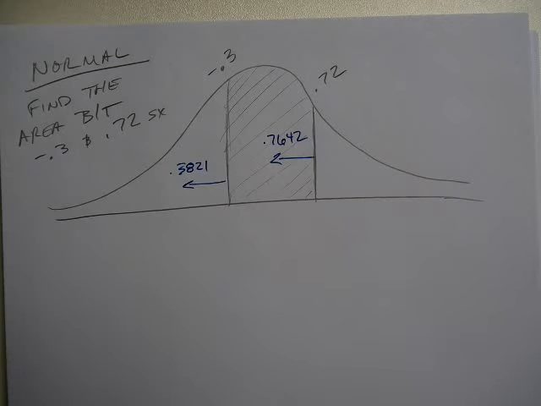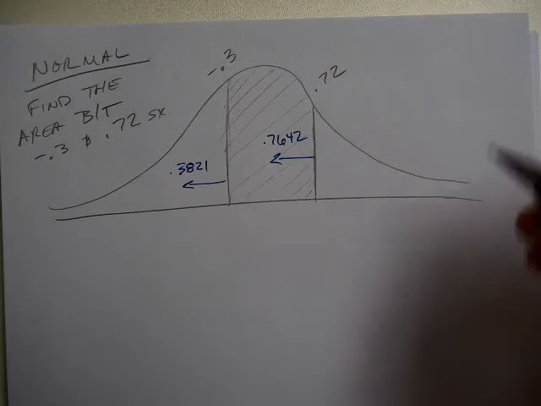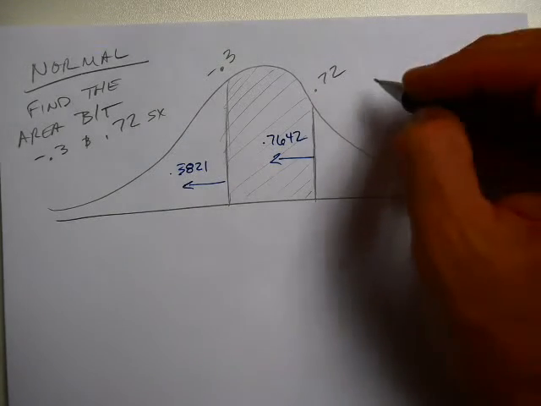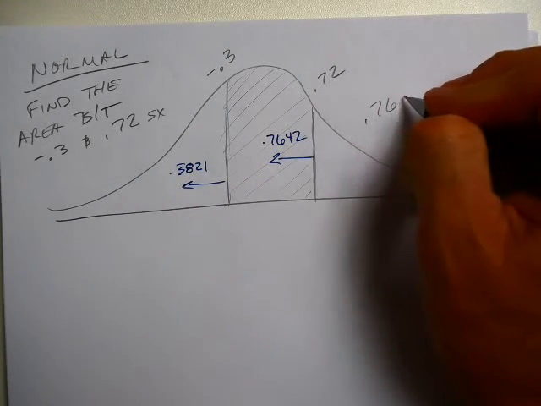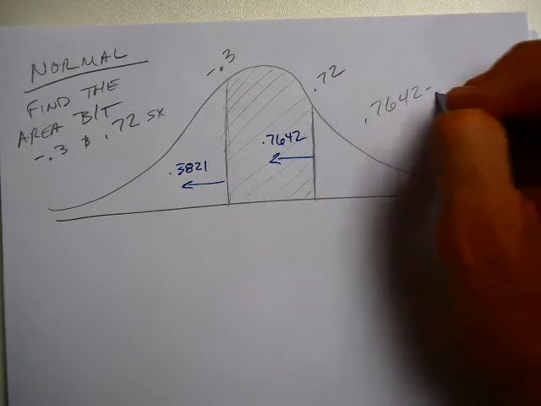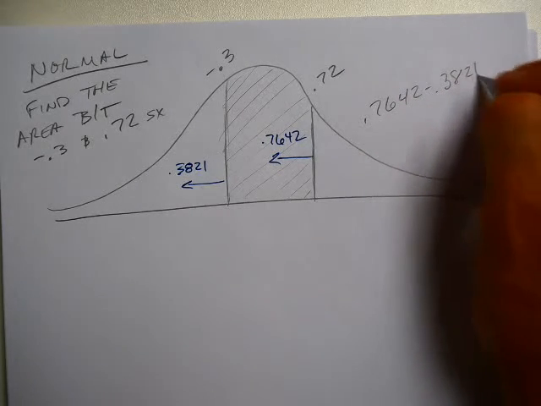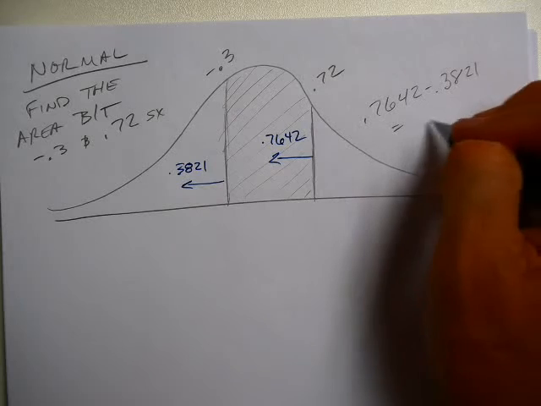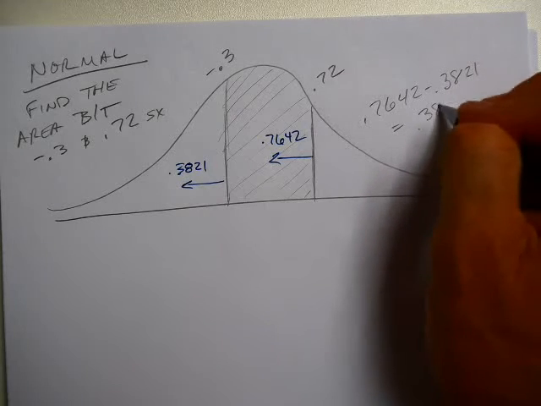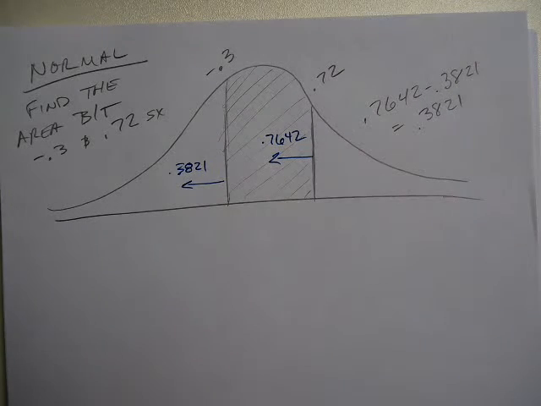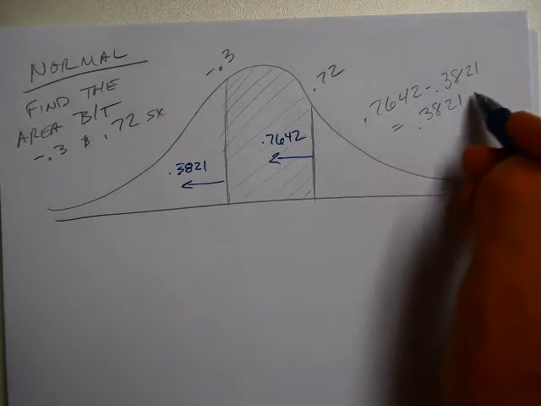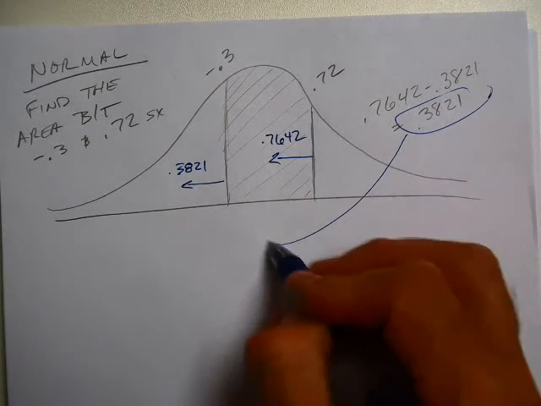Just subtract. Yeah, that's right. So we're going to say 0.7642 minus 0.3821 is going to equal 0.3821... 0.3821. Oh, wow. Look at that. Honest, that was dumb luck. So this is going to be the area between.